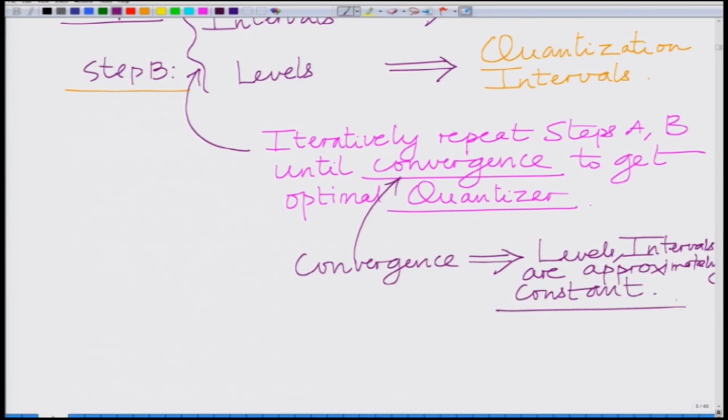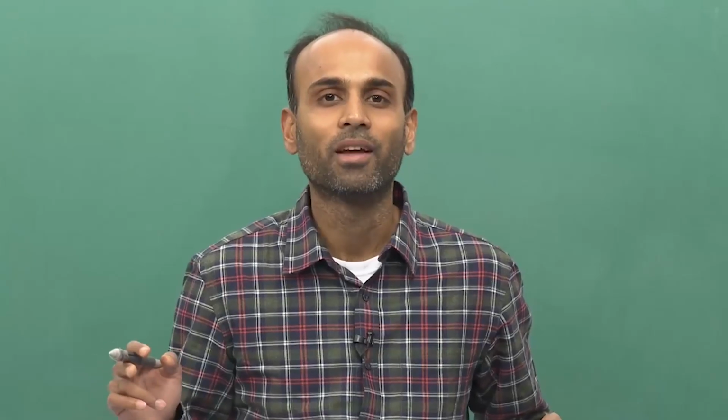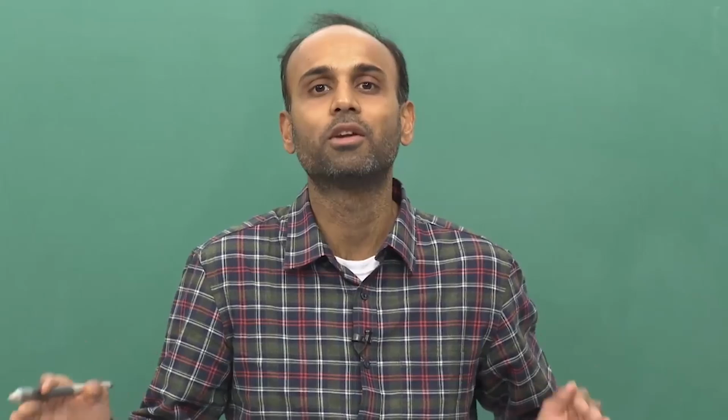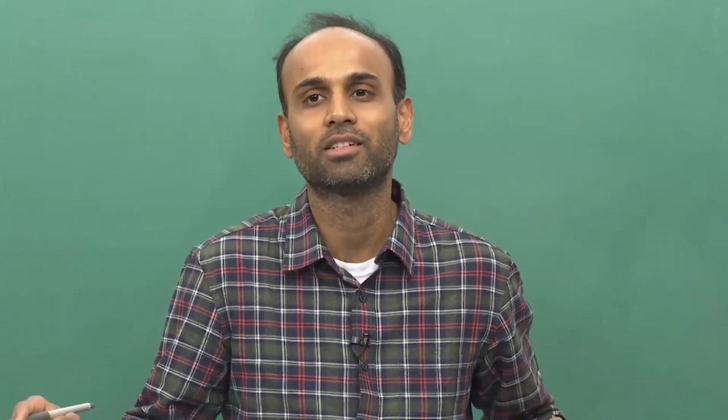Once you observe that with each iteration the quantization intervals and levels are more or less constant, the algorithm has converged. At that point, you can output the intervals and the quantization levels, determine the optimal quantizer, and use it for quantization.